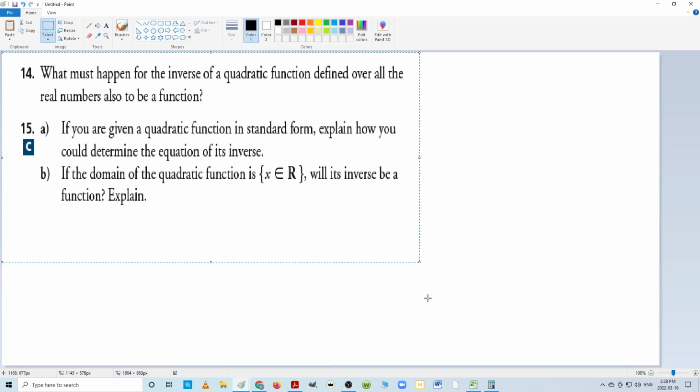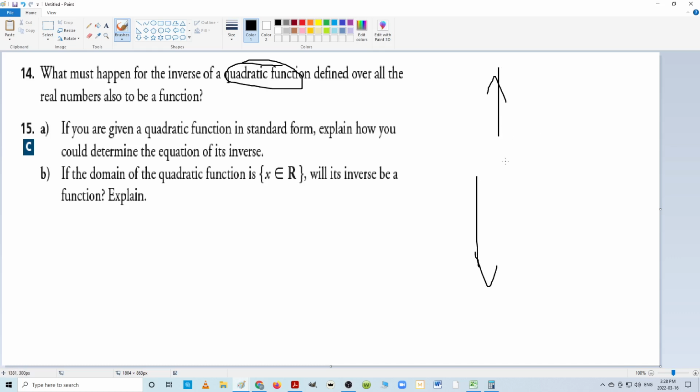What must happen for the inverse of a quadratic function to find all the roots, also to be a function? You would have to restrict the range on either side of the vertex. So either above the vertex or below the vertex, so that you get half a line or half a line.